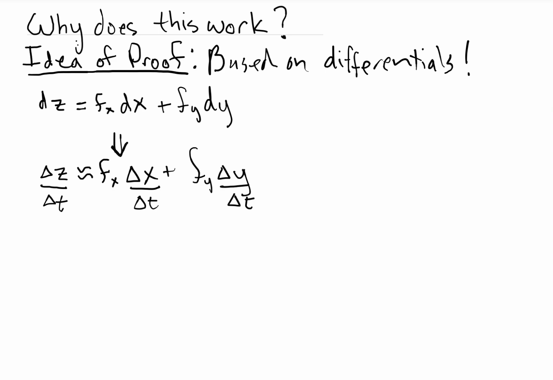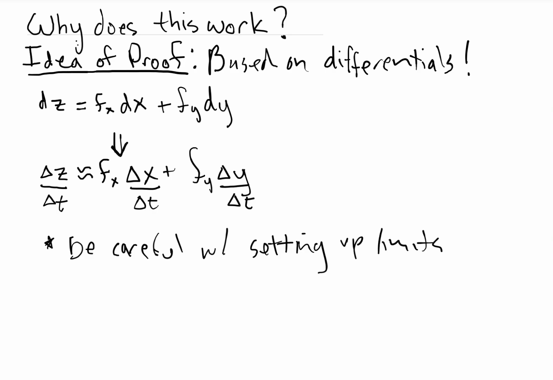The only catch in this proof, and this is why I'm calling this the idea of the proof and not a formal proof itself, you kind of have to be a little bit careful with actually setting up your limits here, and whether your limits actually exist in the first place, right?